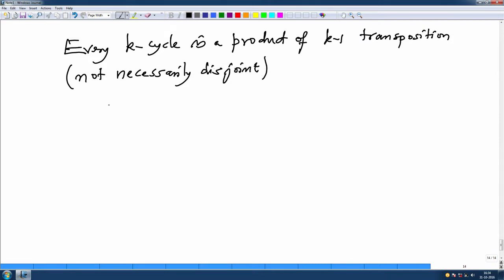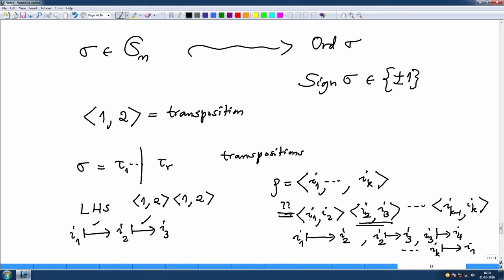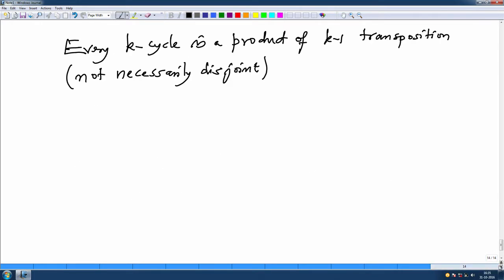In fact, not disjoint at all. You see here this transposition and this one have i2 in common. The next one has i3 in common, and so on. So they are not disjoint, and because they are not disjoint, you cannot demand uniqueness.